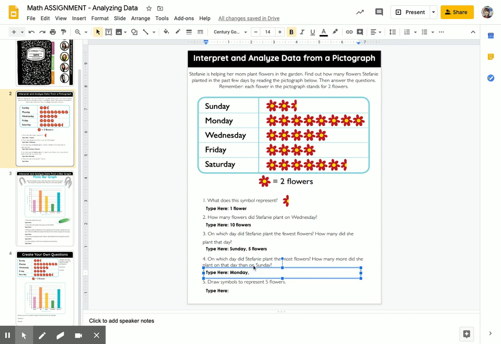On Monday, she planted 2, 4, 6, 8, 10, 12, 14, 16 flowers. So I'm going to put in an equation, 16 minus 5 equals 11. So she planted 11 more on Monday. She planted 11 more flowers on Monday.